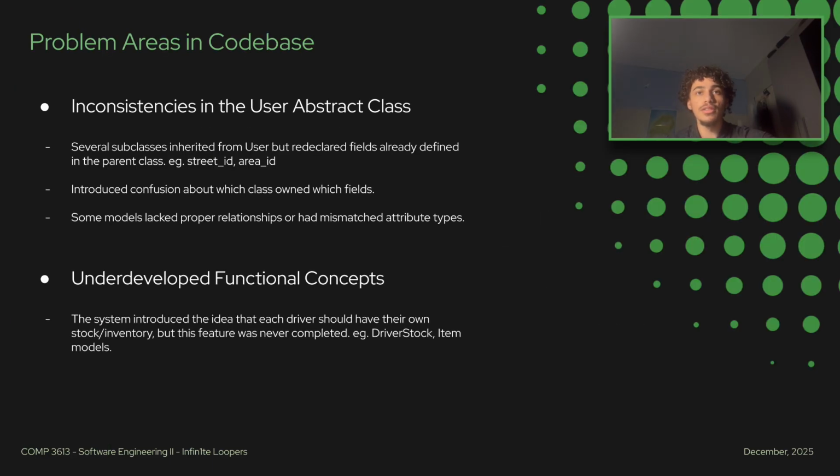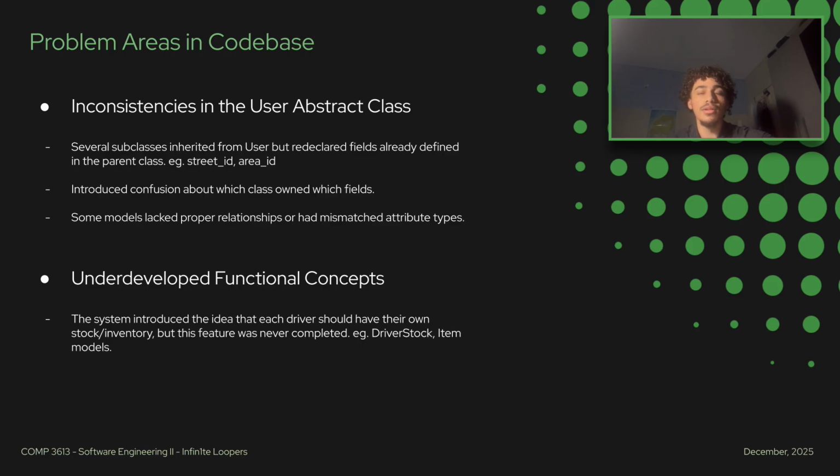So firstly, we look at some problem areas in the old code base. Especially when refactoring models, some problems came up in terms of redundancies, where models like the driver and the resident inherit from the user model as well.